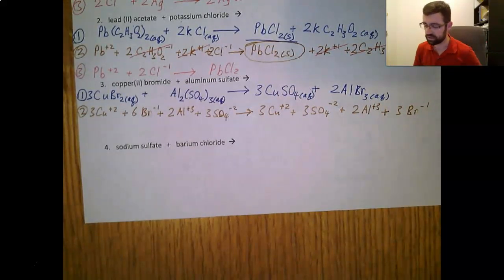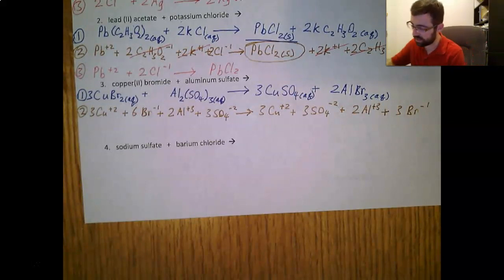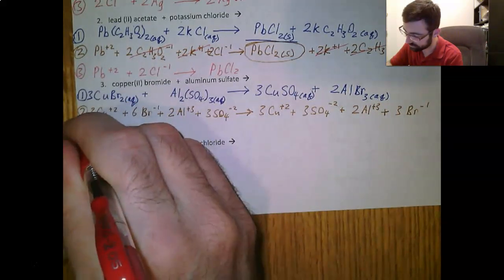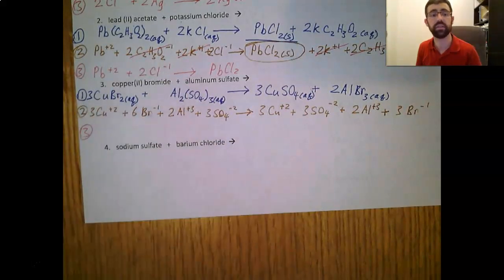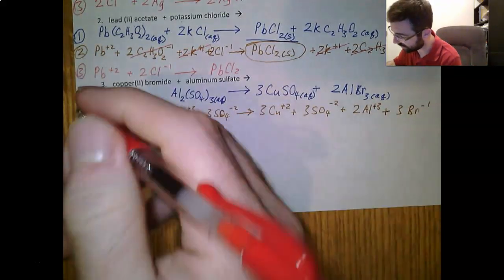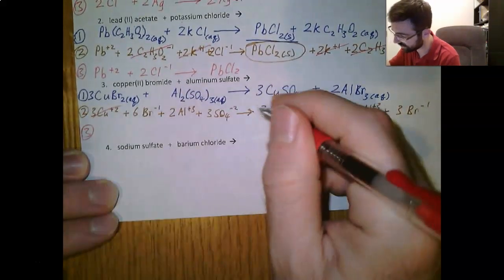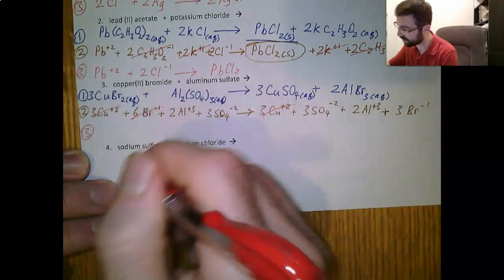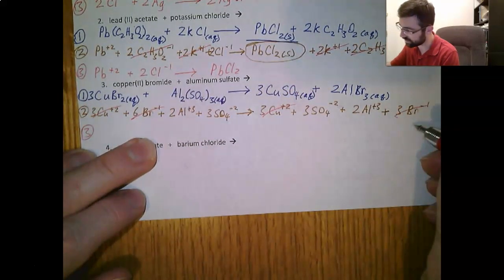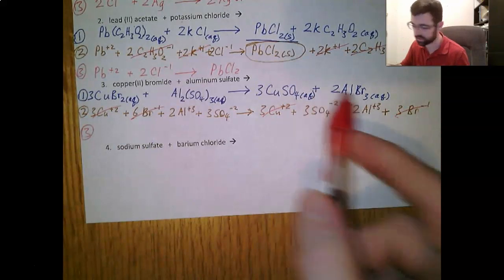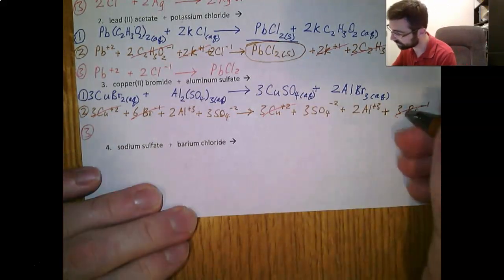Okay. So in step 3, I need to cancel out everything that was not involved in making a solid. Well, the deal is we don't have any solids, so I'm just going to cancel out everything. Copper goes away because I see it on both sides. 6 bromide. Oh, this should be 6. 2 times 3 is 6. I just did bad math there.